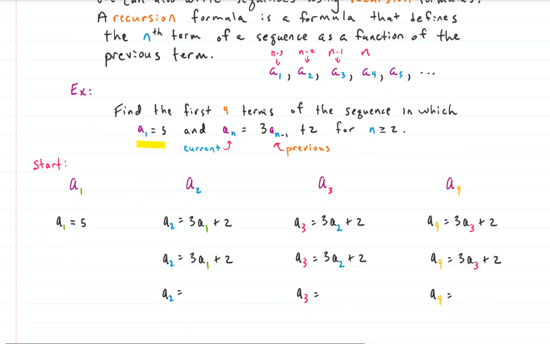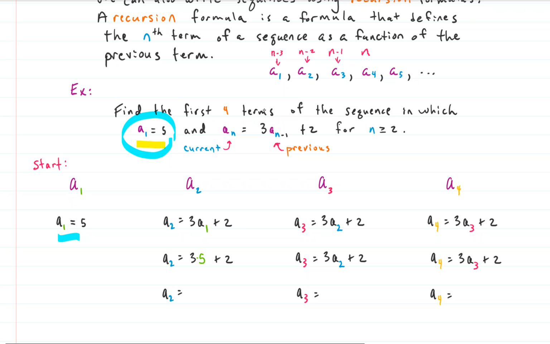We know a sub 1. That's easy because they gave it to us, right? It's 5. So we don't need to do anything there. A sub 2, though, uses a sub 1 in it. So you take a sub 1, whatever it was, and you multiply by 3 and then add 2. So instead of having a sub 1 there, I'm going to put down 5.